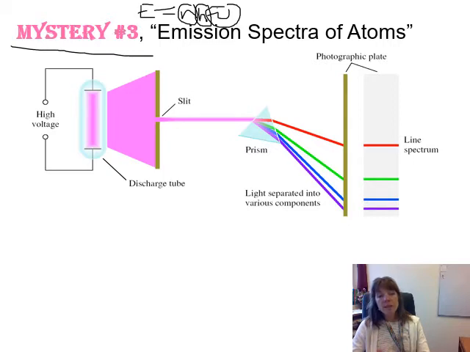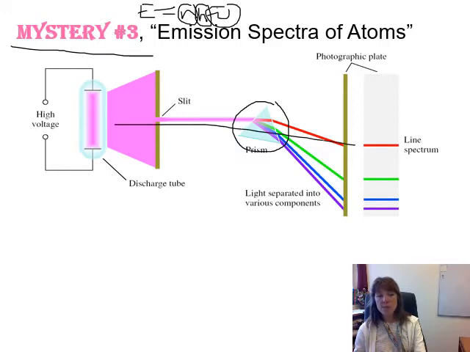So now looking at mystery number 3, emission spectra of atoms, this is another experimental observation that was made: if you passed light through a prism, you would get a separation of lines, and those lines were completely dependent upon what was being energized over here.